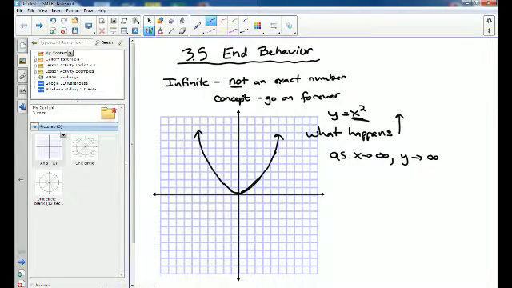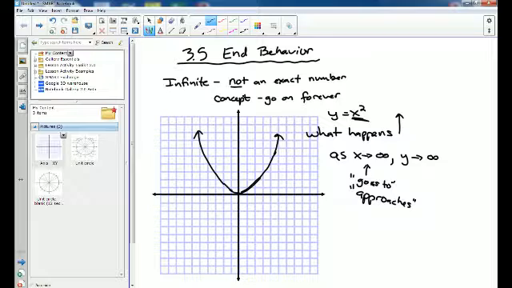We would say goes to, or more mathematically, approaches. Goes to is a more conceptual idea. Approaches is the more mathematical term. So as X approaches infinity, Y approaches infinity. And that's telling us the graph is going that direction.